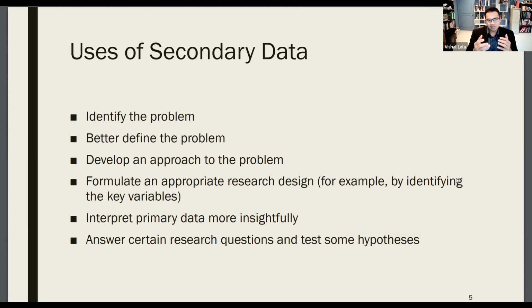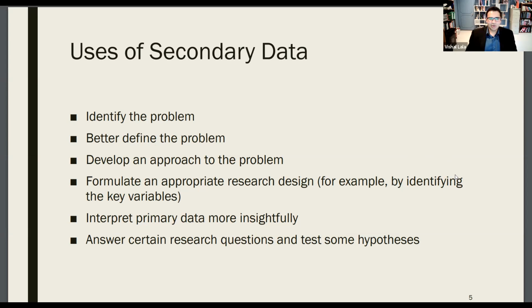There are, of course, certain scenarios where the researcher might feel that the secondary data alone is sufficient to answer all the questions of interest. There may then be no need at all to examine any primary data whatsoever. This is indeed the case in many situations because we can now have an abundant amount of secondary data available, and it is at a very, very granular level.